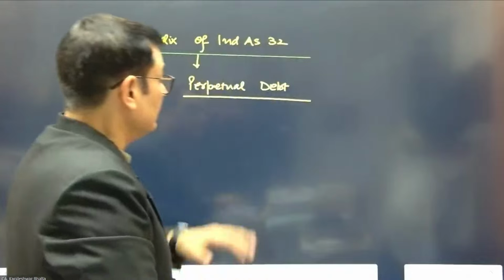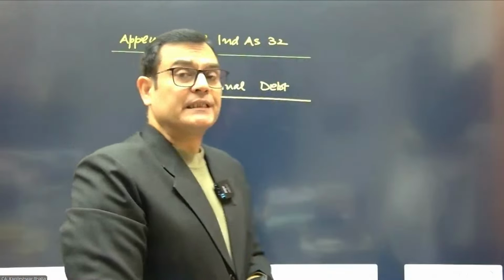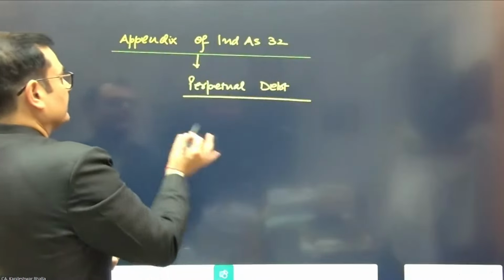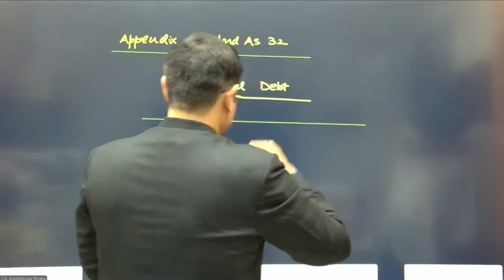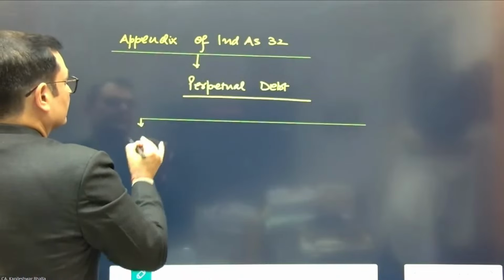Now, the discussion given in the appendix to Ind AS 32 on a perpetual debt is very interesting. They say let's discuss this in two parts.